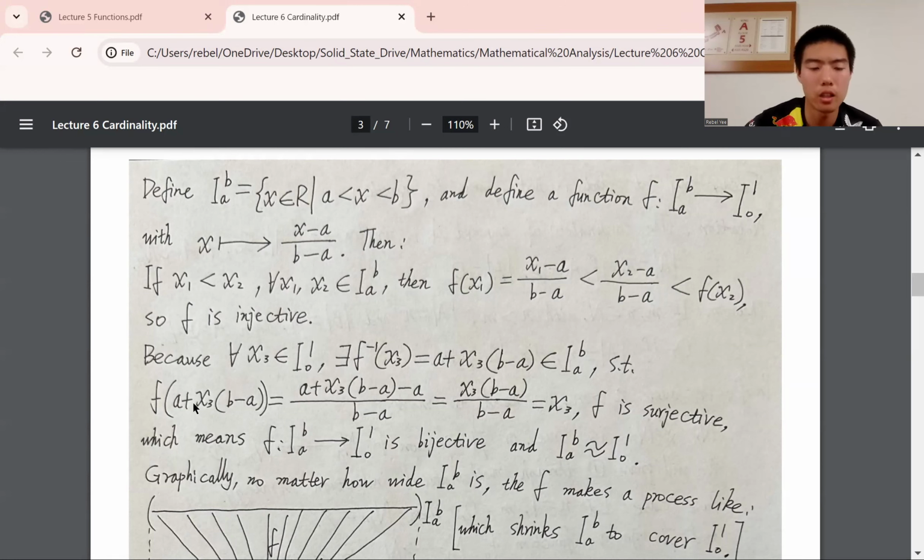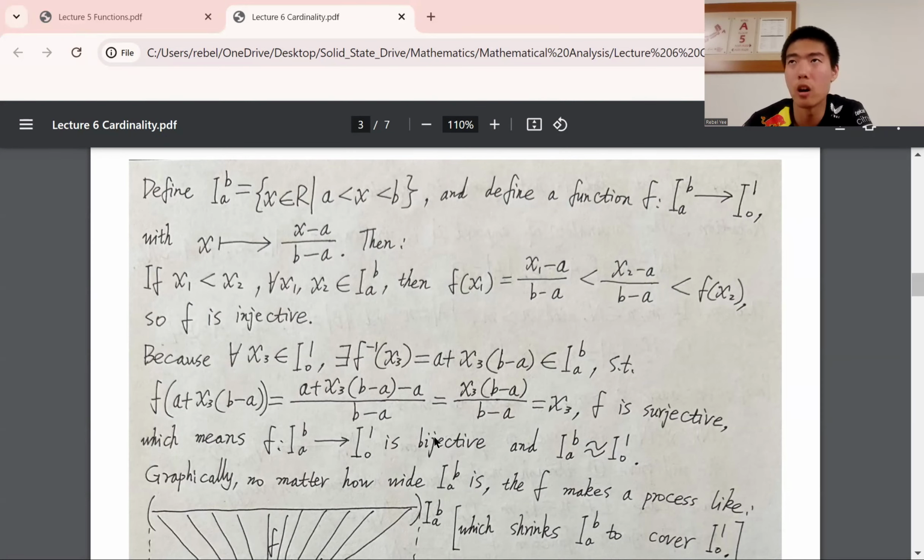So how can we say that? f inverse of x3 taken by f, we can write this step, and it reduces to x3, which means all of the elements x3 in this set are reached from at least one element here, which is surjective. So the function is bijective.